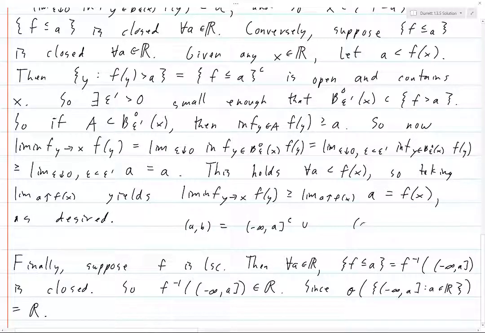So we have open intervals of this form. And this should give you all open intervals. Yeah, because sets of this form will generate all of the open sets. I'm just sort of blanking on the details.